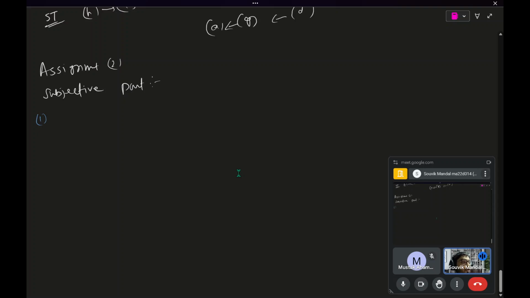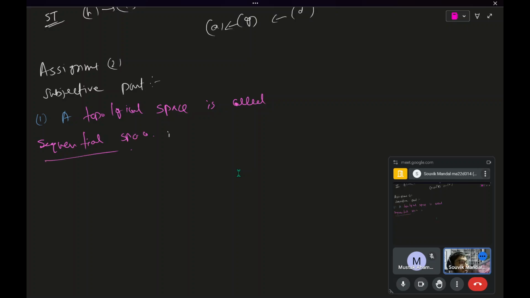Definition: a topological space is called a sequential space if it satisfies the following property.